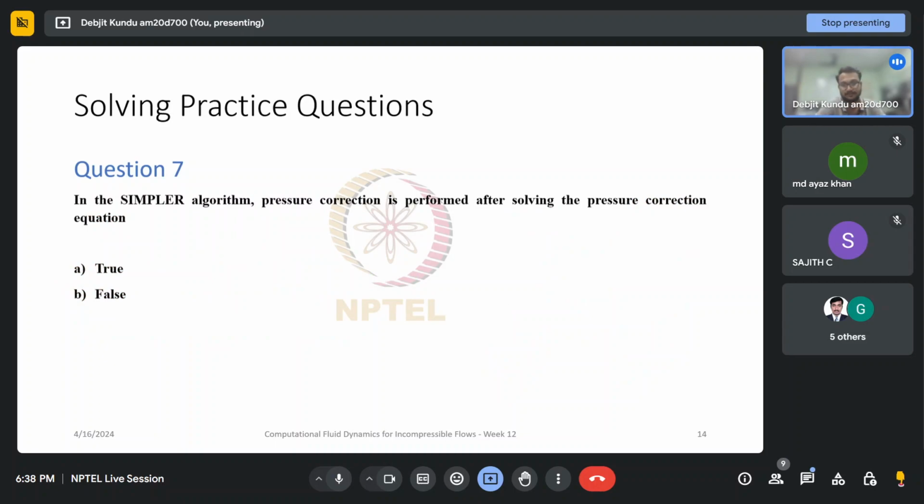We'll move on to question number 7 now. This is a very easy true and false type of question, which is asking us that in the SIMPLER algorithm, the pressure correction is performed after solving the pressure correction equation. Is it true or false?